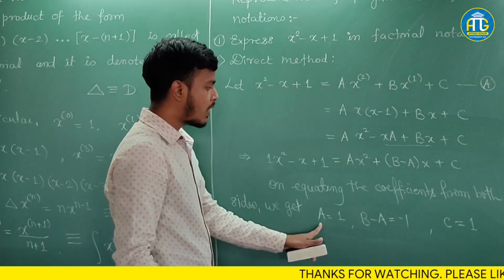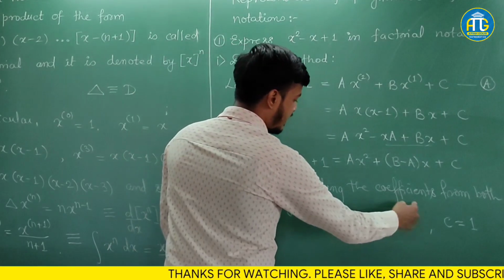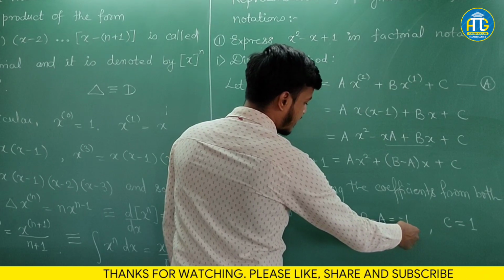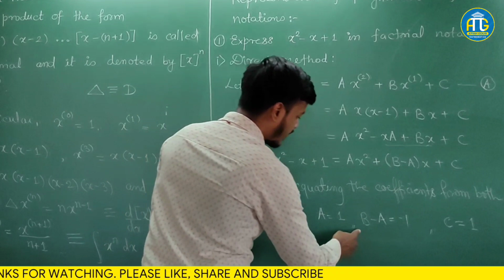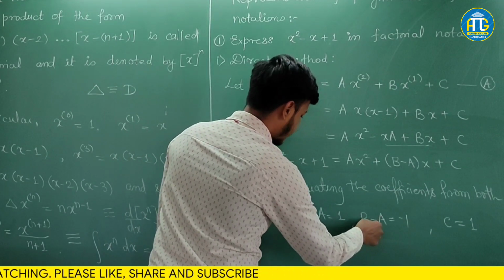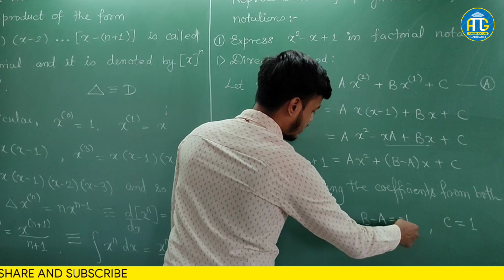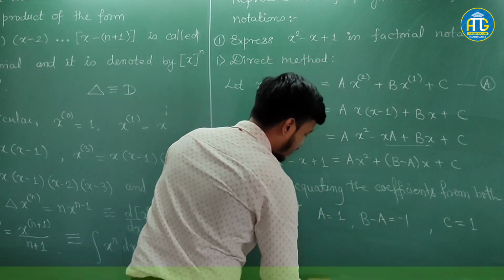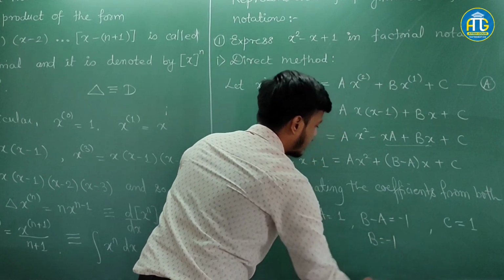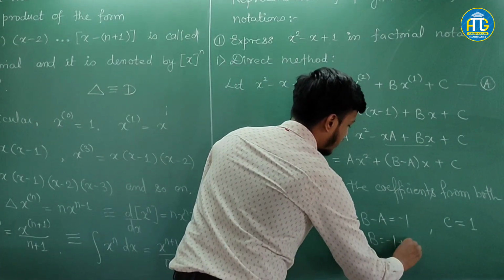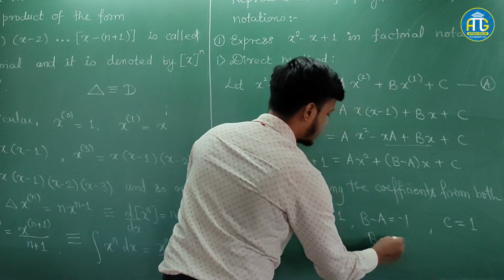So here a is 1, c is 1, and b is equal to minus 1 plus a, and a is 1, so b is equal to 0.